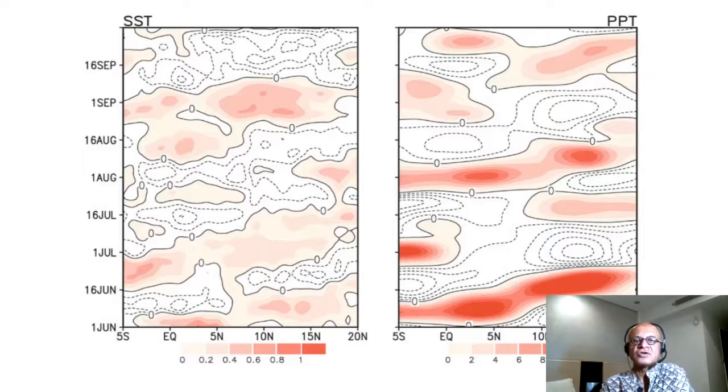And there is also a lag relation between sea surface temperatures and precipitation. Sea surface temperatures get organized to be warmer during the dry phase of the MISO. You can see cool SSTs are associated with precipitation, which means convection and precipitation increase wind speeds, take away the energy from the ocean, and SST cools.